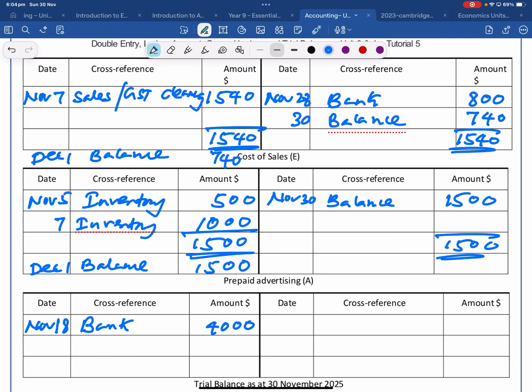Okay, so you know the accounts where it's just one transaction? You do the same thing. Get used to balancing that one as well. At this point, I want you to be very thorough with this one, because with these things, guys, we should be pretty quick.